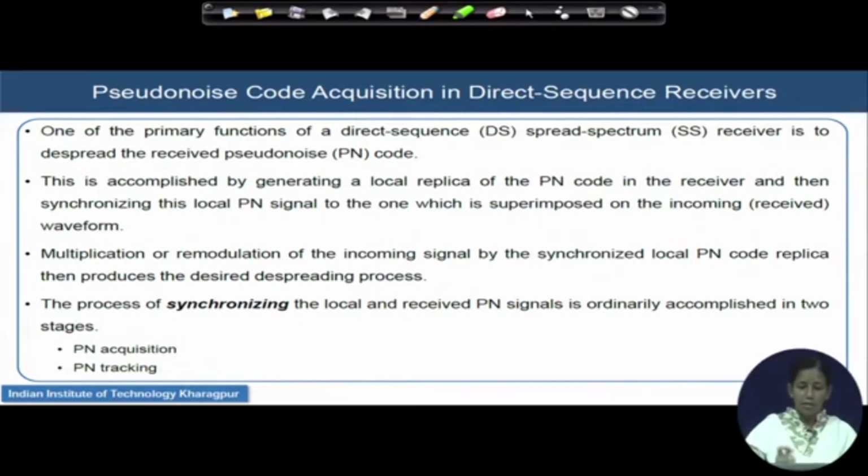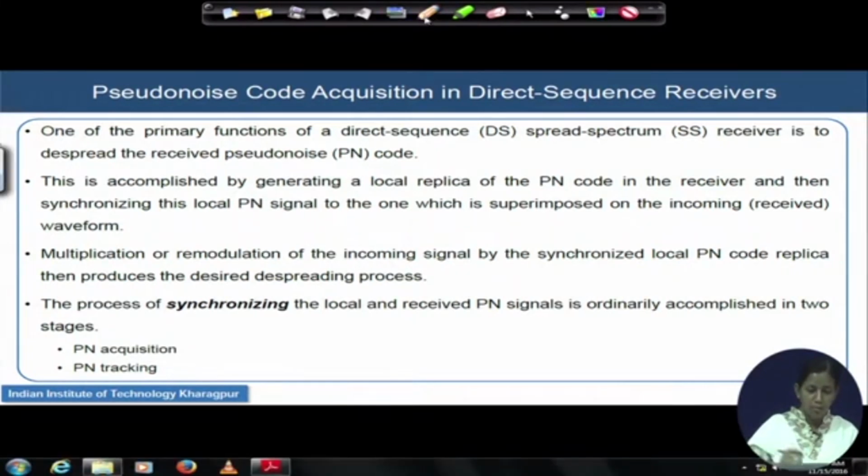As discussed earlier, code synchronization as well as code acquisition is a very critical block residing inside the receiver. It is a very important signal processing block inside the baseband receiver that needs to be designed critically.